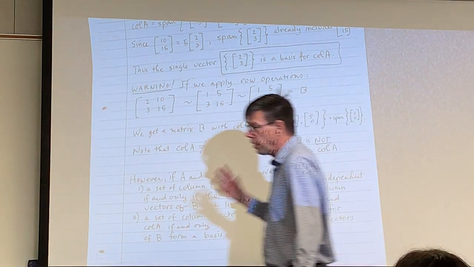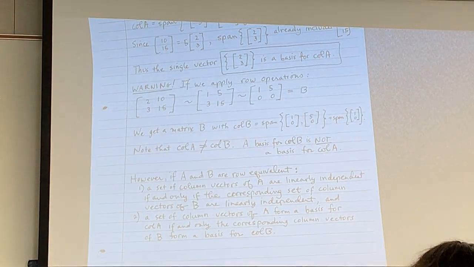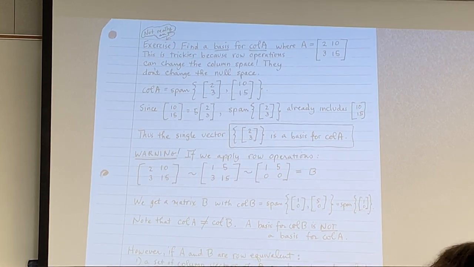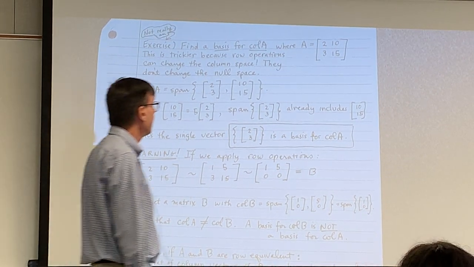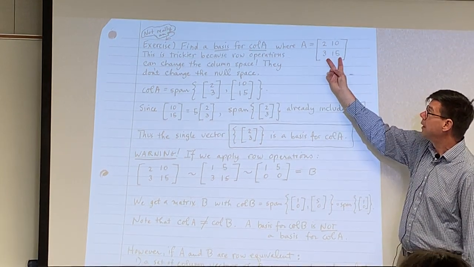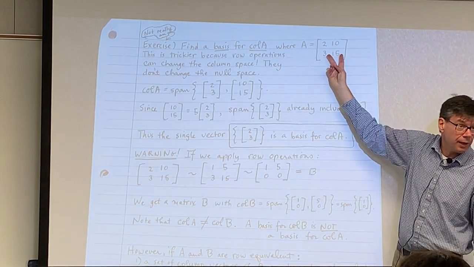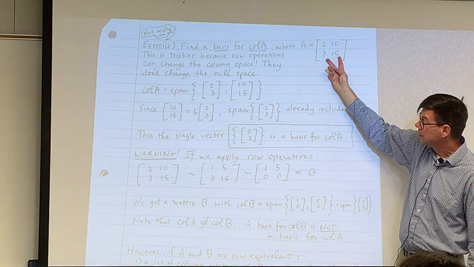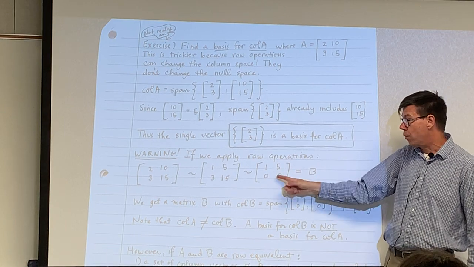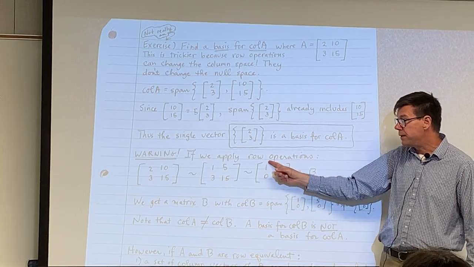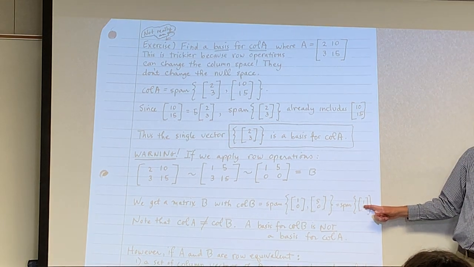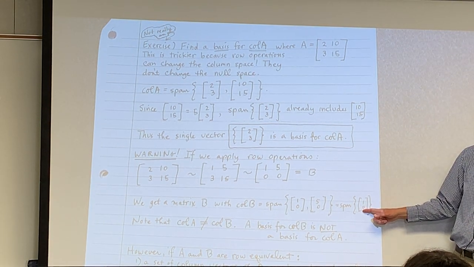So we're going to do an example here in a second. But just going back to this example, here's what we will end up doing. Say we want to find a basis for the column space of this matrix. We are going to row reduce. And in row reduced form, it will be easy to see that 1, 0 all by itself is a basis for the column space of B. All right?